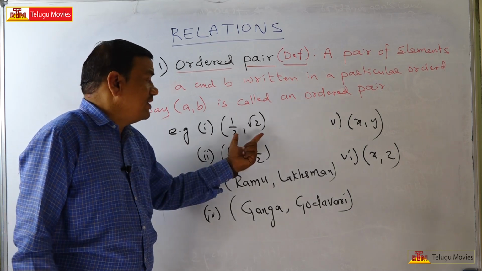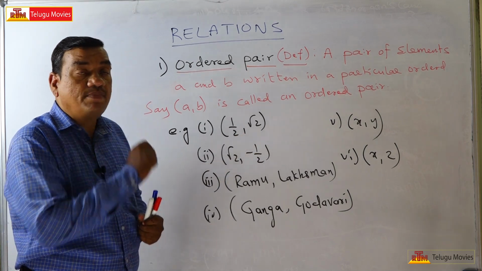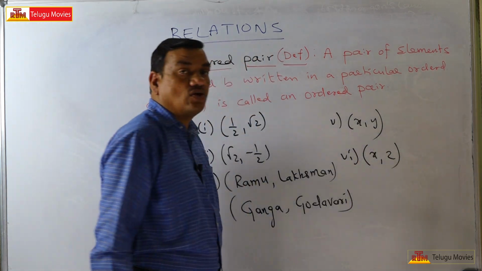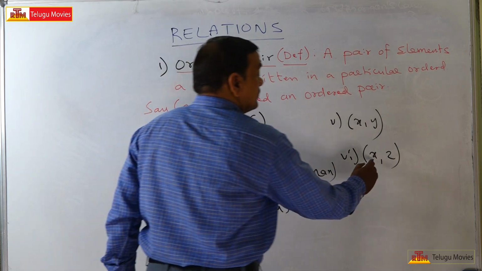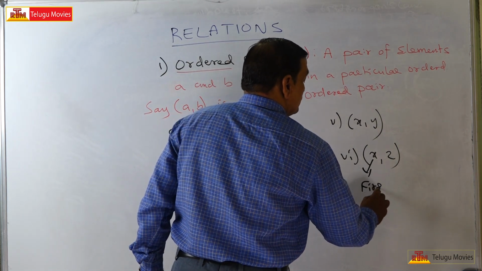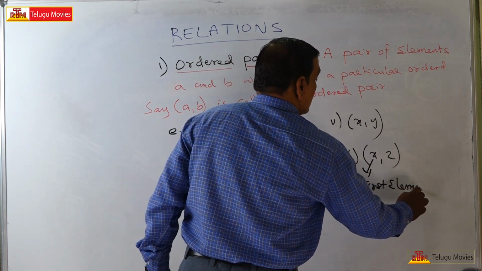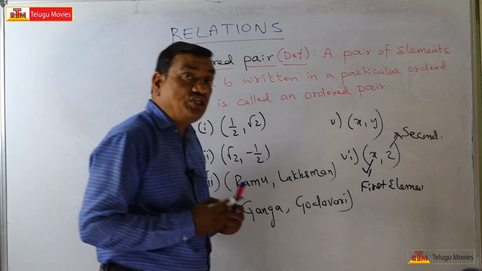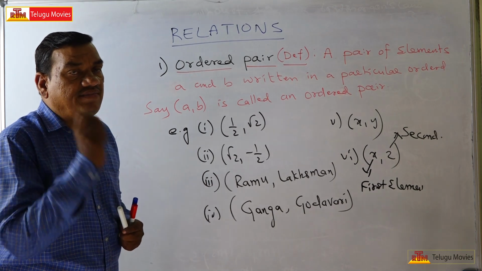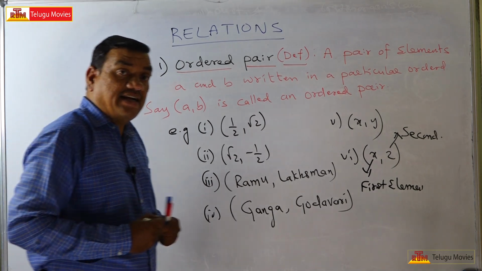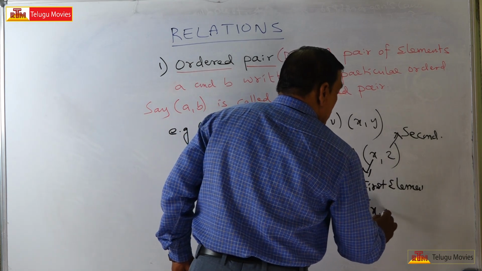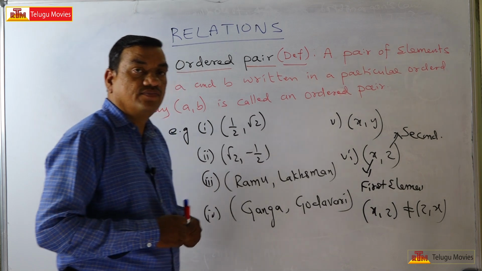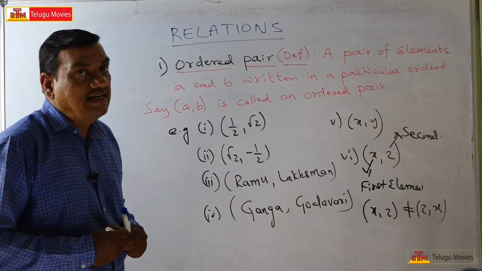Pair means 2, so why call it an ordered pair? In (x, 2), x is called the first element and 2 is called the second element. Here the position of the elements is very important. (x, 2) cannot be equal to (2, x). But for a set it is equal.